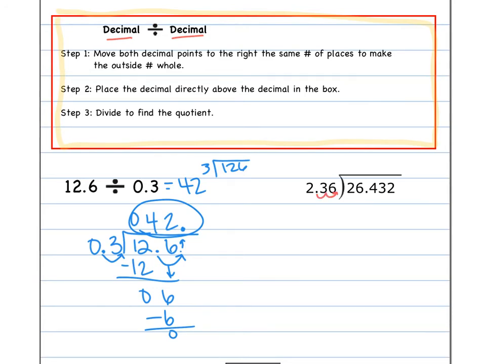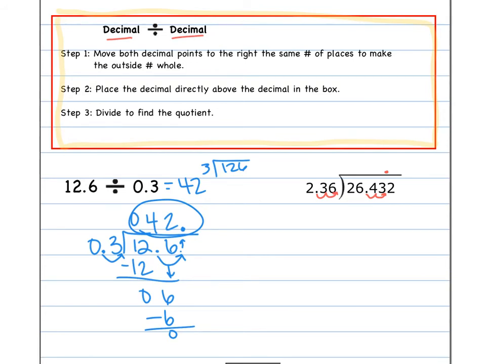Because we moved that one 2 spots, we have to do that to the number under the bracket as well. Carry the decimal straight up above. So now we're thinking of it as 2,643 and 2/10 divided by 236. Okay, that's just kind of what we're thinking about it in our head.